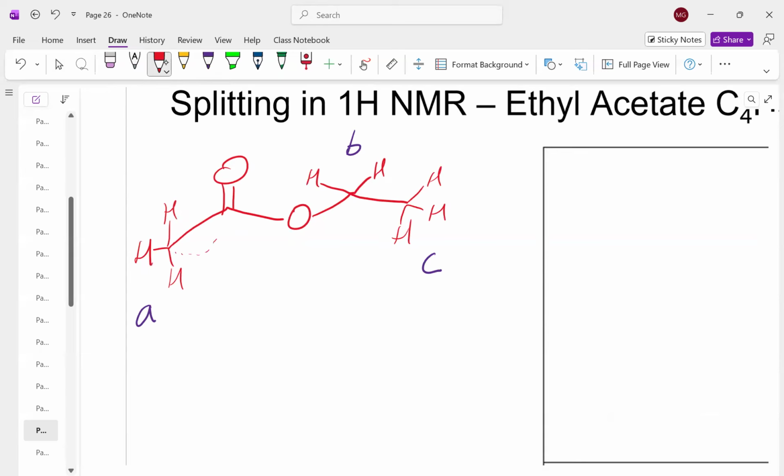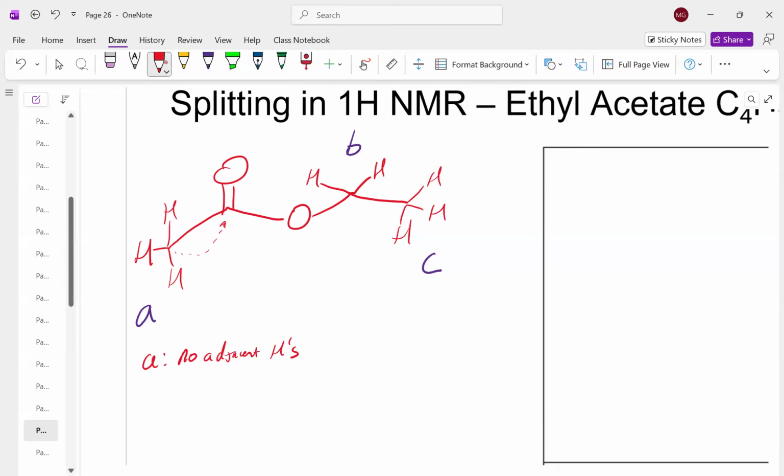Well, for that, it's only this way. There are no hydrogens next to those A hydrogens. So let's just write that down: no adjacent hydrogens.